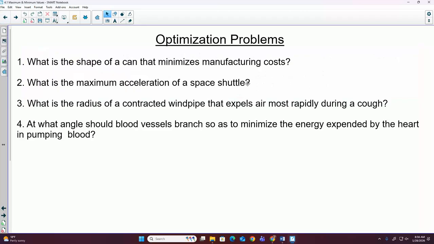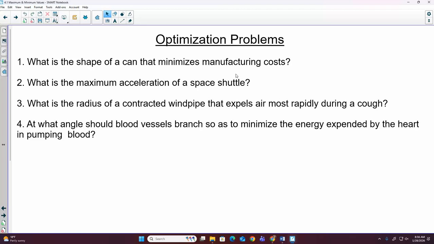So the motivation here, some of the things this helps us find. We've done some of this already, but this idea is used a lot in optimization. If you're finding a maximum or a minimum, you're finding the highest or lowest of something. So you might want to find the shape of a can that minimizes your manufacturing costs. Or you want the maximum acceleration of something.